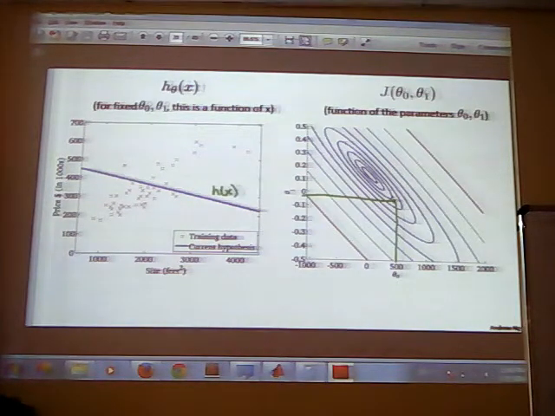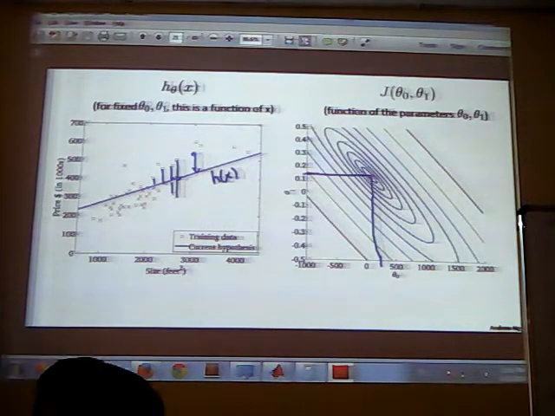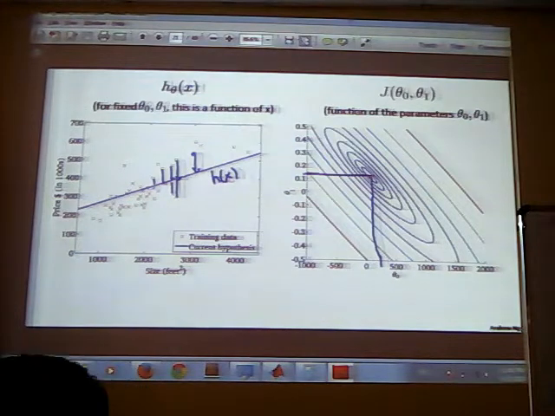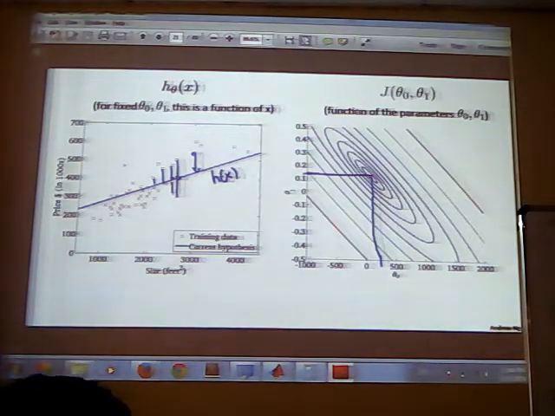If you go closer over here, for this value of theta 0, theta 1, we have a line like this. And if we reach the minimum value of J of theta, that is at the center point, the lowest point in the bow, we will end up with a line like this.